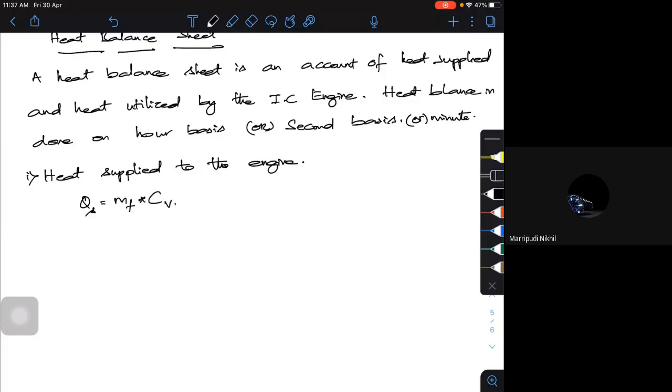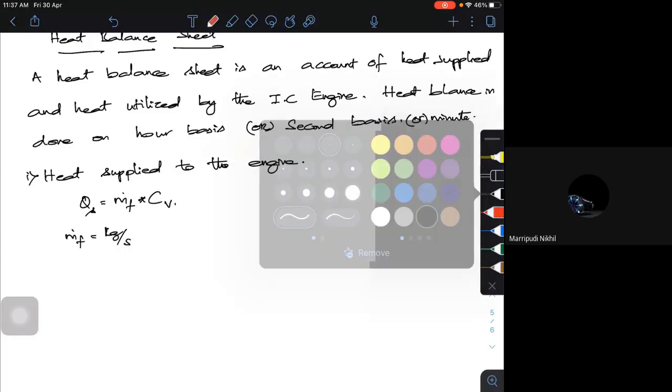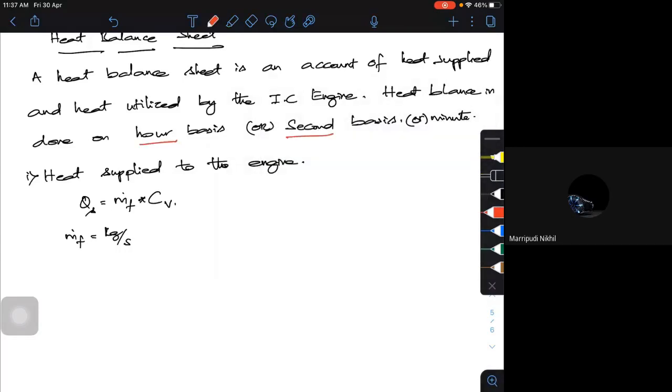This mass of fuel can be in kg per second, kg per minute or kg per hour, so I can have hour basis, second basis or minute basis.